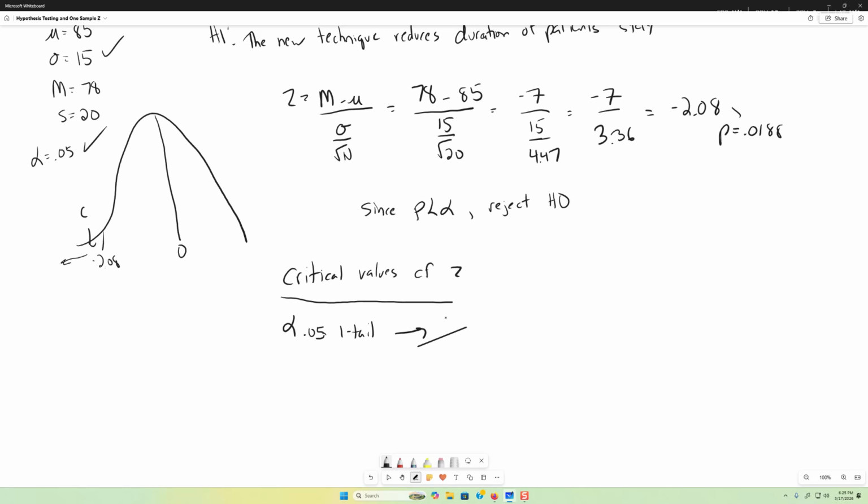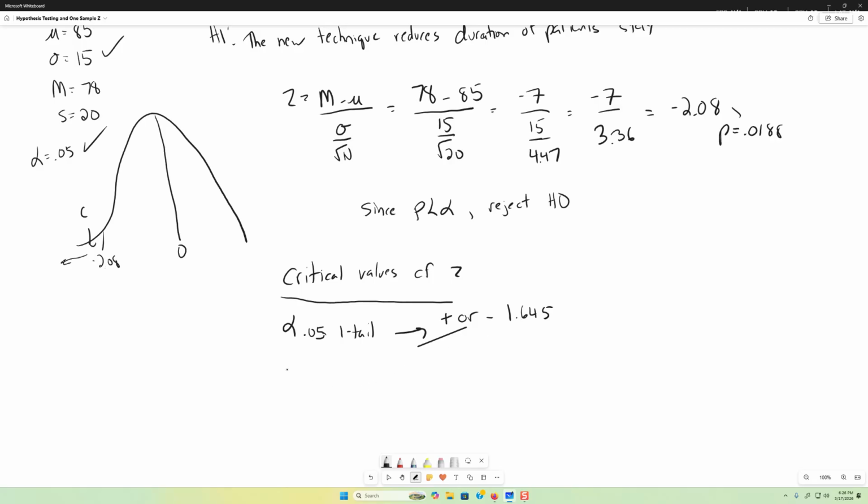Plus or minus 1.645. That's our critical value. If our obtained value is more extreme than our critical value, positive or negative 1.645, we're going to reject the null. So negative 2.08 is more extreme than negative 1.645, so we would reject the null that way.